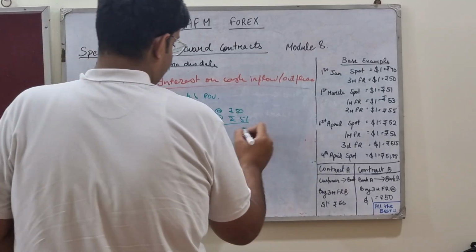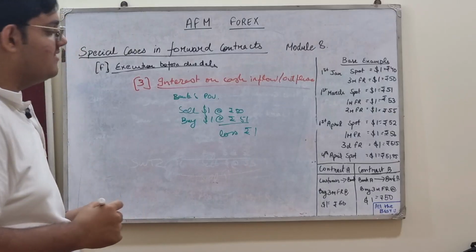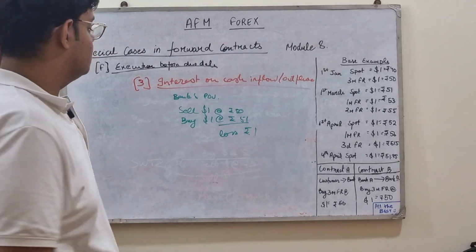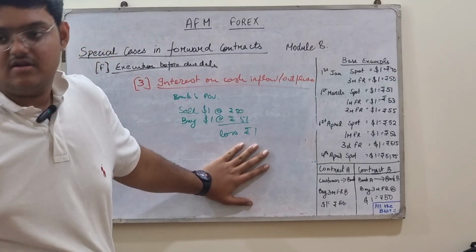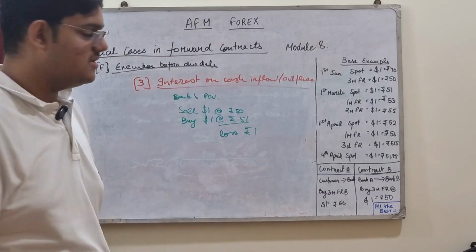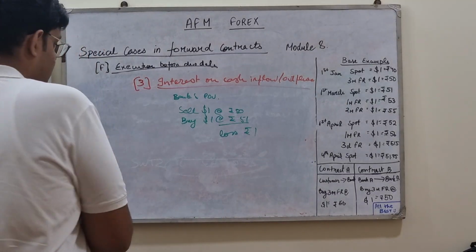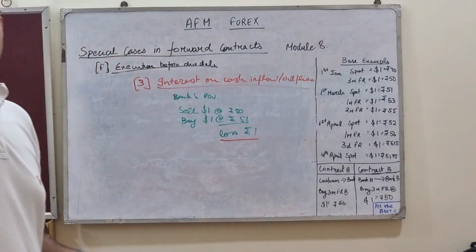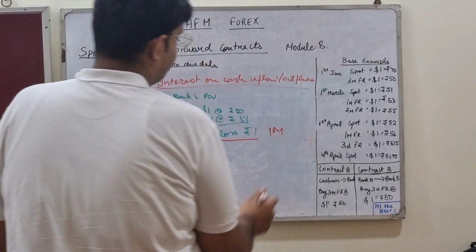Now the bank is facing a loss of rupees 1 because it's buying at 51 and selling at 50. This loss of 1, we technically don't have to do anything for it because it's being covered elsewhere, which will come in the explanation part. But because it is a cash outflow, basically the bank is giving 1 rupee to someone else on behalf of the customer for 1 month early.